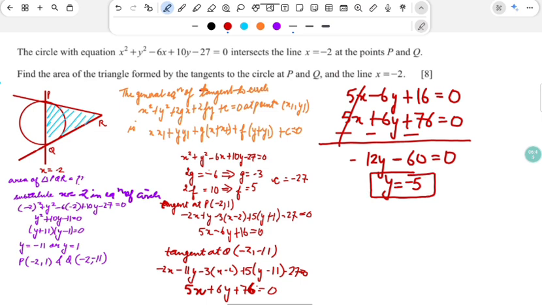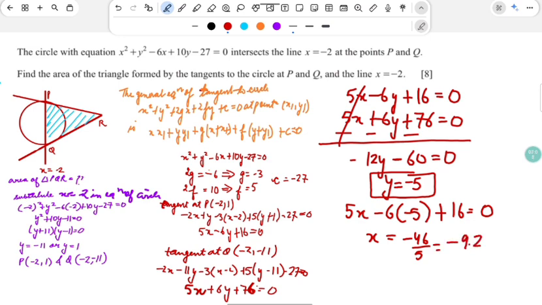And if I substitute y as −5 in equation number 1, I'll get 5x − 6(−5) + 16 = 0. So from here I'll get x as −46/5, which is nothing but −9.2. So now I know the coordinates of point R, that is (−9.2, −5).